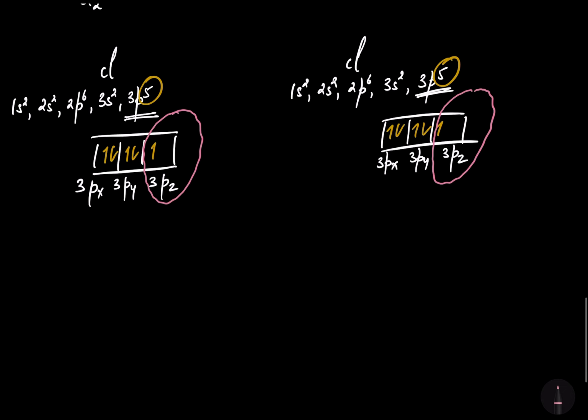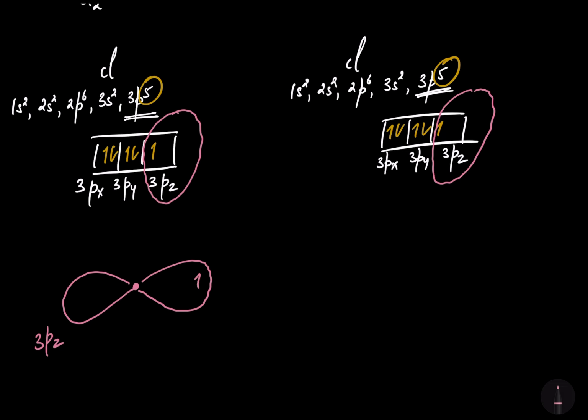So let's draw the shape of the 3pz orbital. This is the nucleus of the first chlorine and this is 3pz. The dumbbell shape is 3pz, and it is having an electron with a spin of +1/2.